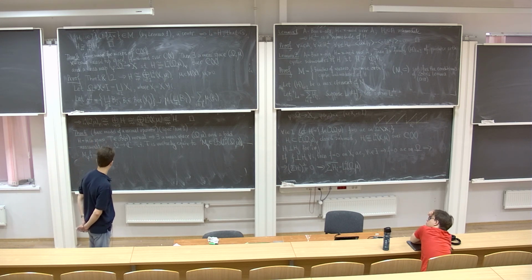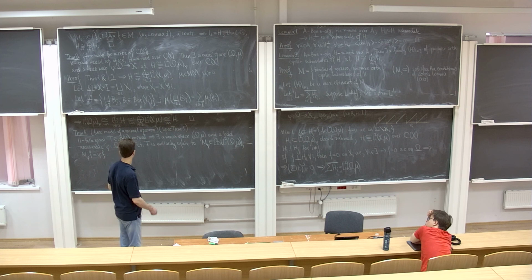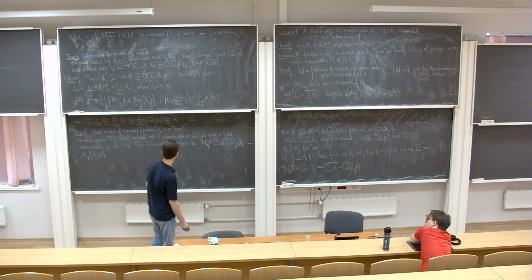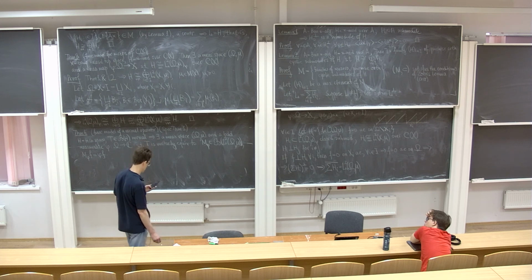Well, this is a simple corollary of theorem 3, because we just recall that T has a continuous functional calculus, and the continuous functional calculus is a star representation of the algebra of continuous functions on the spectrum. And so H becomes a star module over the algebra of continuous functions.